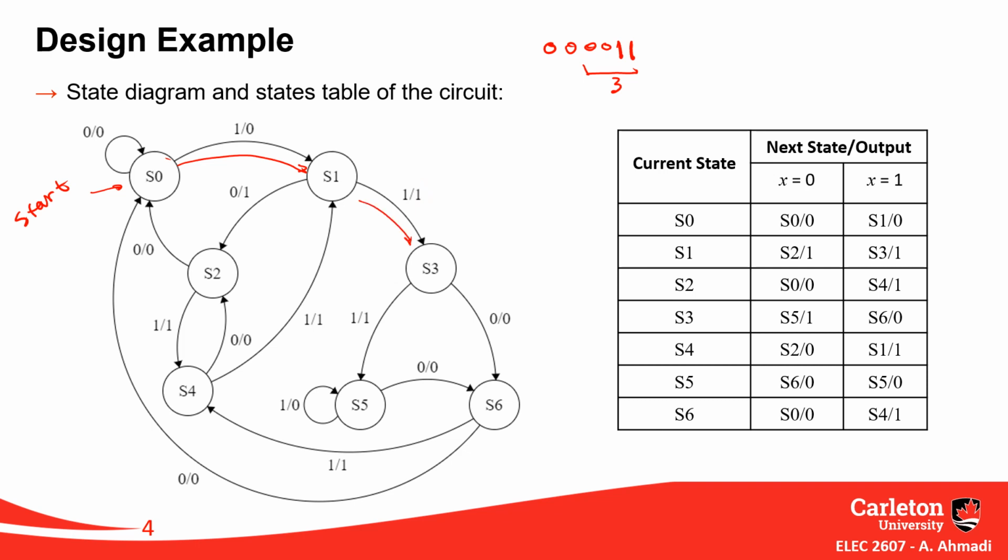All right, so let's say at S3 we receive another 1. We go to state 5, and what we have will be 0111, which is number 7 and prime again. That's why I have 1 as output, and my state will be different.